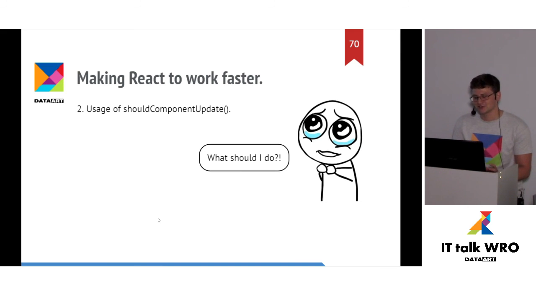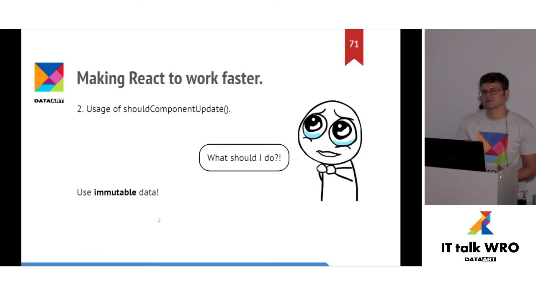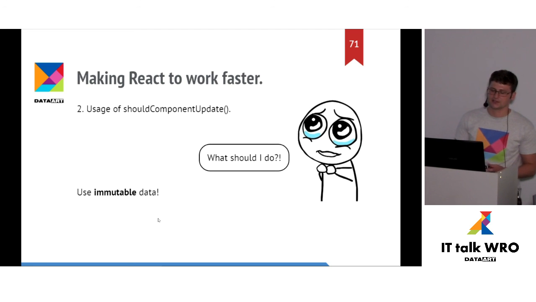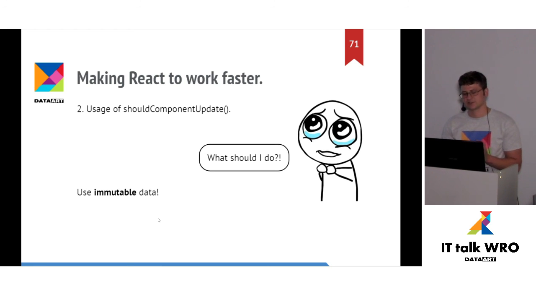There is a solution: use immutable data. There is also a library from Facebook called Immutable.js, and there are different implementations of this pattern. The main idea is that when you've got something created, it can never be changed. Whenever something is changing, you just return a new instance of it.